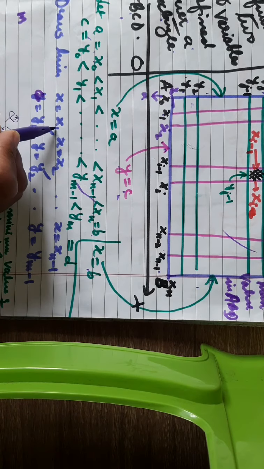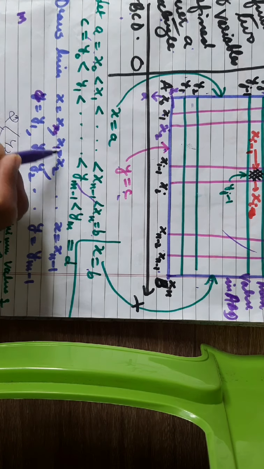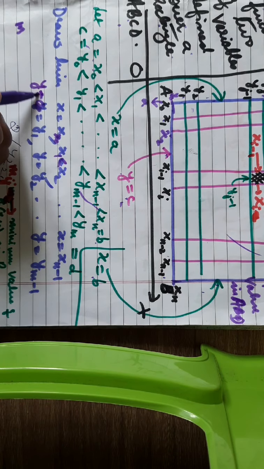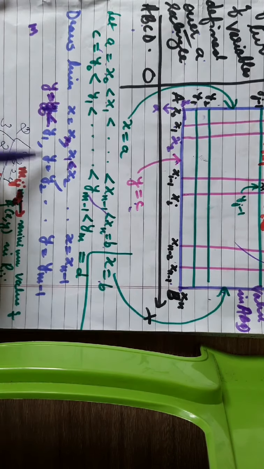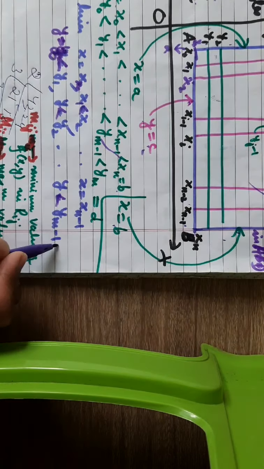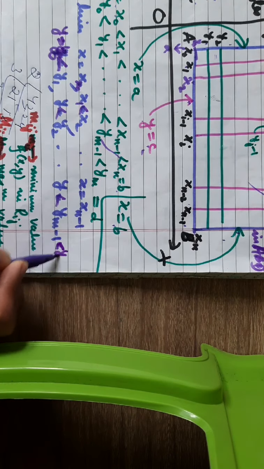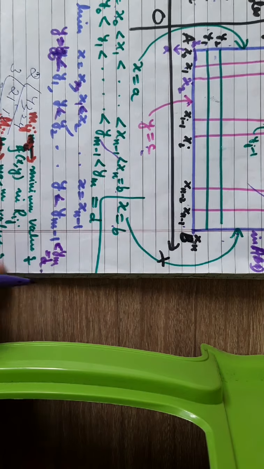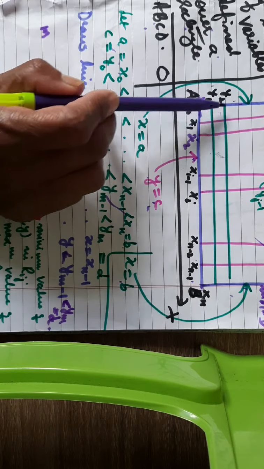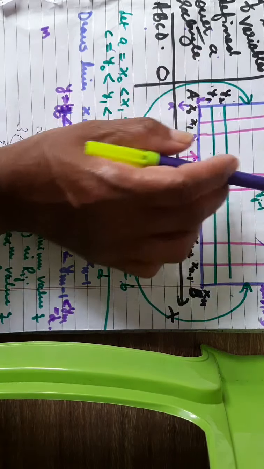Here x0 less than x1 less than x2 and so on, and y0 less than y1 less than y2 ... less than ym minus 1 less than ym, which is equal to d. So here we draw lines y equal to y1, y equal to y2 and so on.